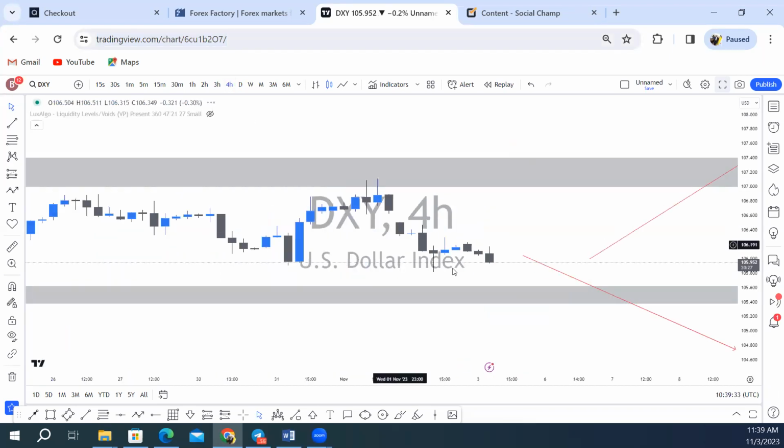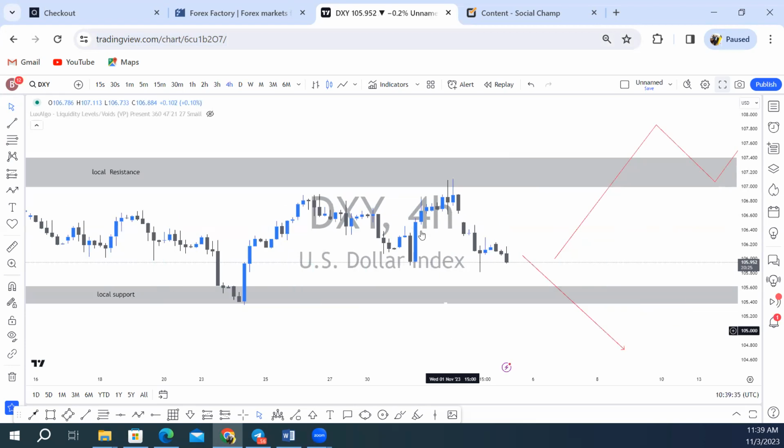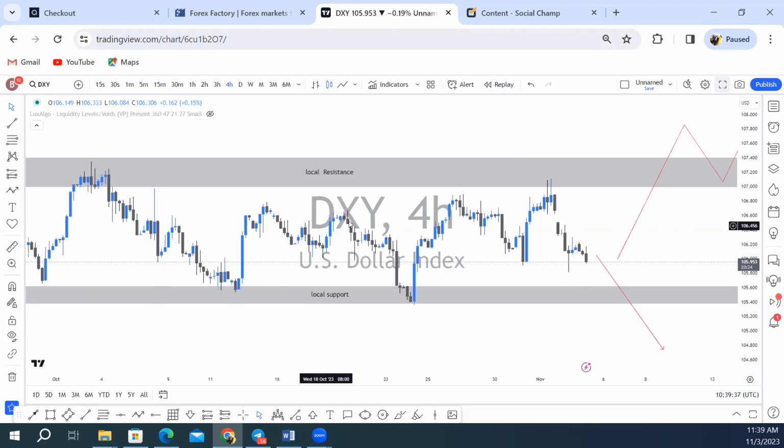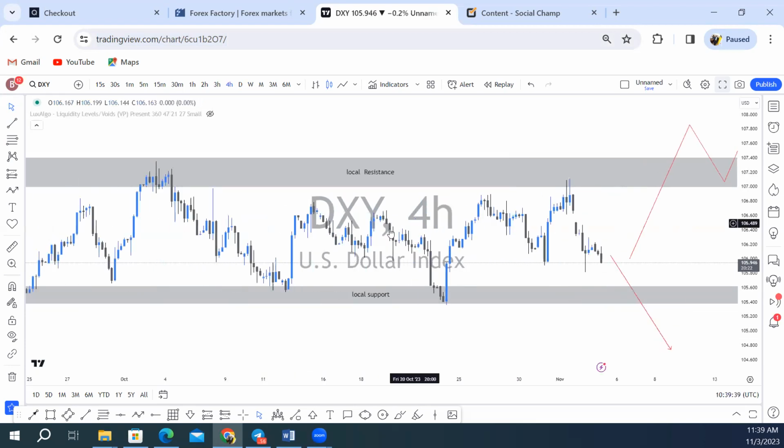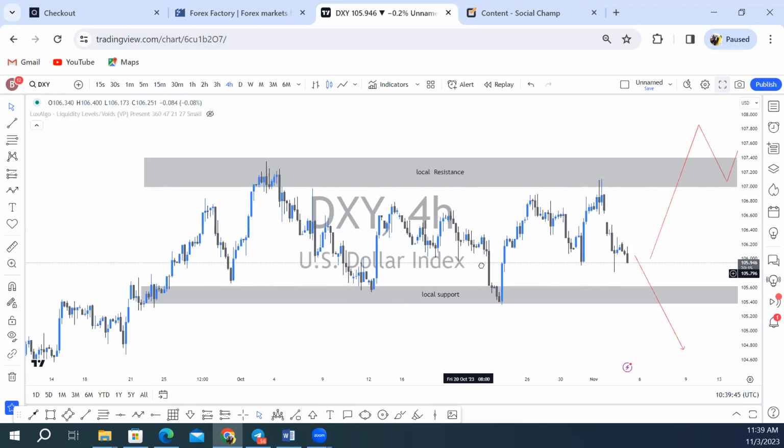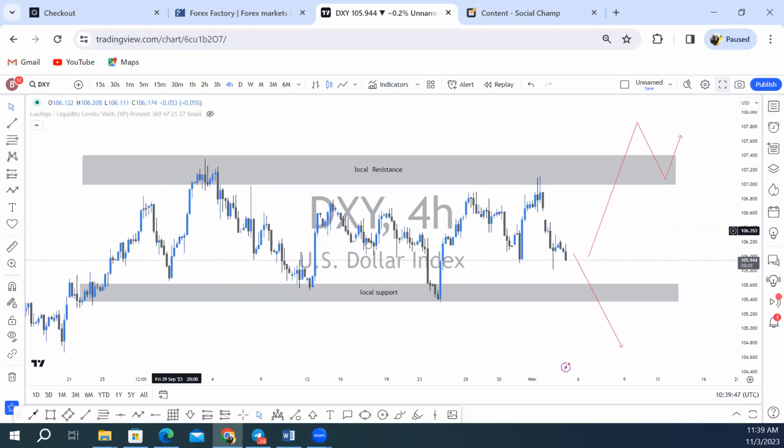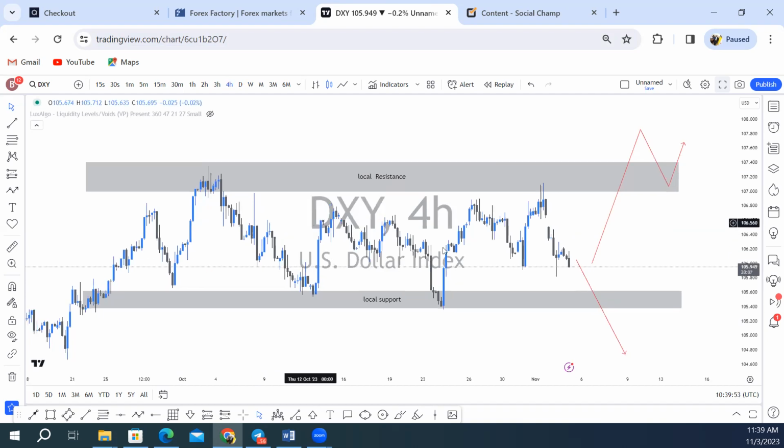You can clearly see the structure on the 4 hours chart, and I will remain neutral for the moment, till the release of the news. I will remain neutral on the strength of the US dollar as I've spotted this consolidation that has been occurring. So that is what I have to say on the chart, remaining neutral till the non-farm payroll data is released.